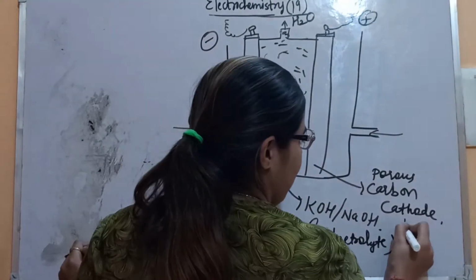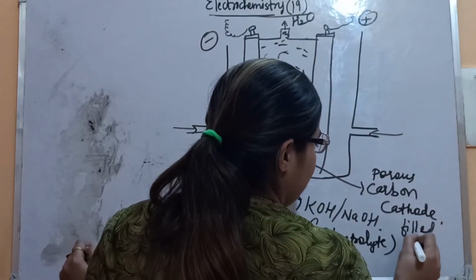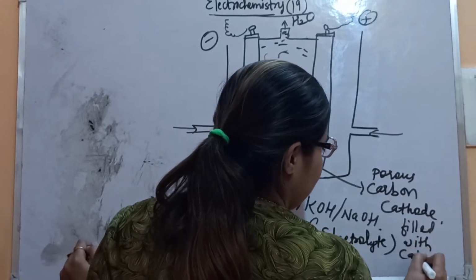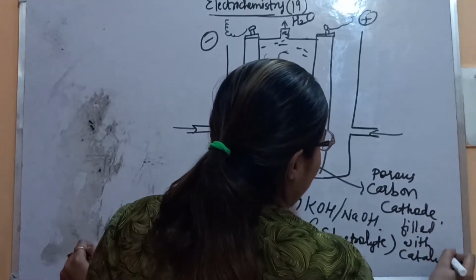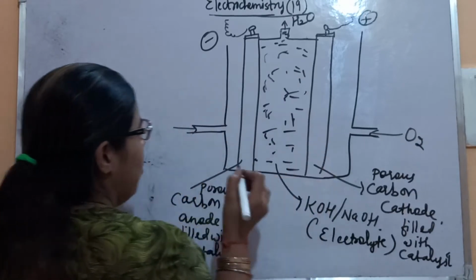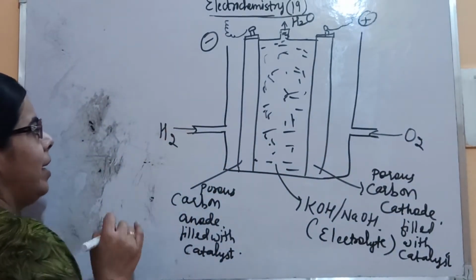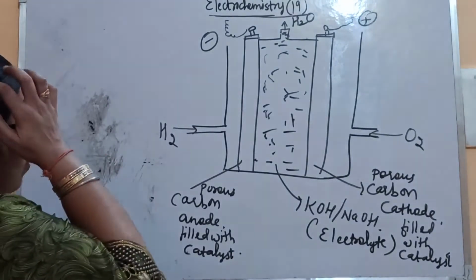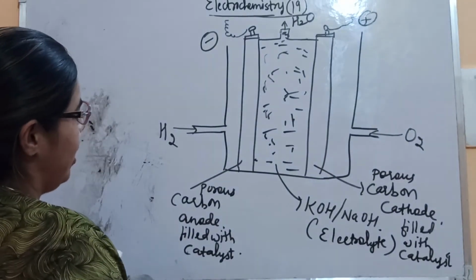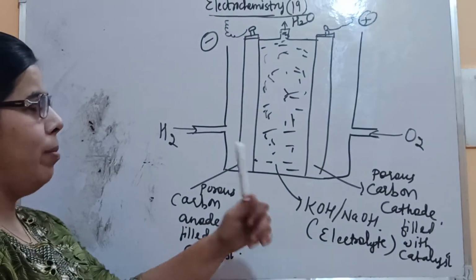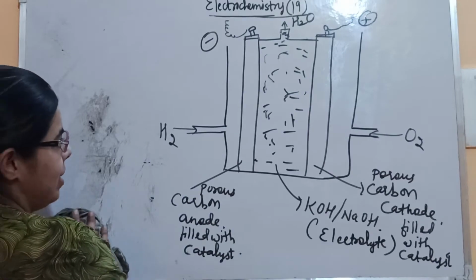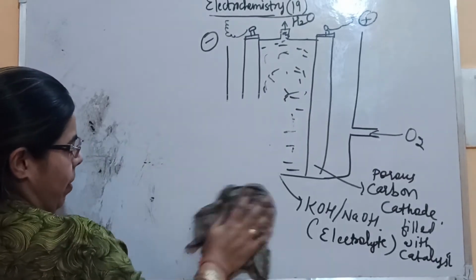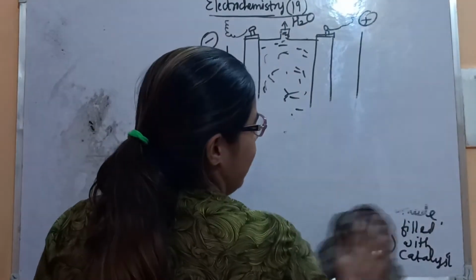This is also filled with catalyst, and from here oxygen gas is bubbled, and from here hydrogen gas is bubbled. So this is the whole structure of the hydrogen oxygen fuel cell. The anode and cathode are made of the same material, carbon. So let's see the reactions taking place.